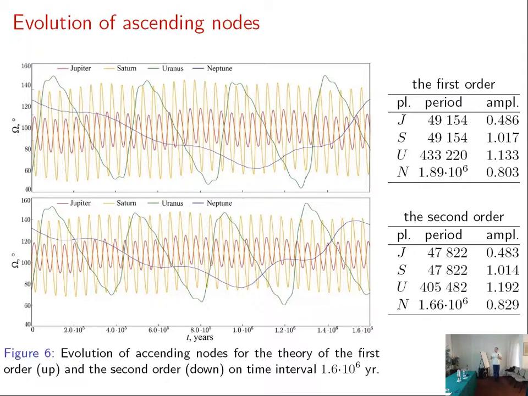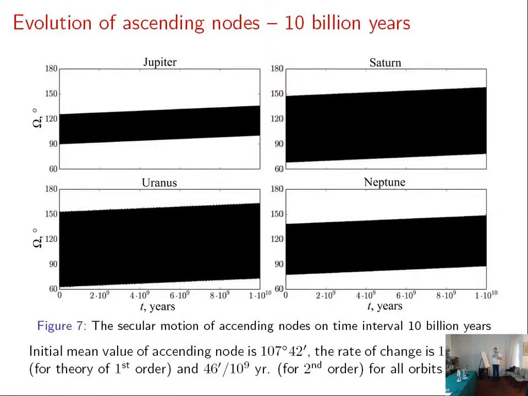In this slide we can see the evolution of ascending nodes. Evolution of ascending nodes on time interval 10 billion years shows the secular motion of the mean value of ascending nodes for all orbits.